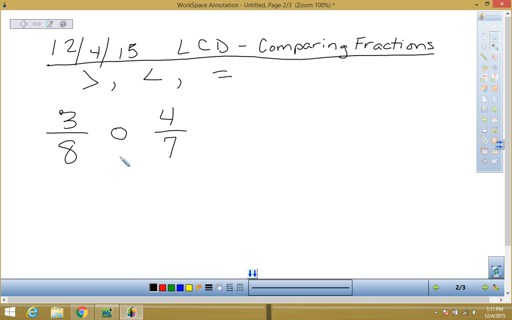When we're looking at comparing the fractions and using the LCD, how is using the LCD going to help us figure out which one is greater than or less than? What's that going to do? Why would we find the LCD? Caleb, what do you think? So we can compare which one's bigger and which one's not. True, but what is the LCD going to help us do with that?